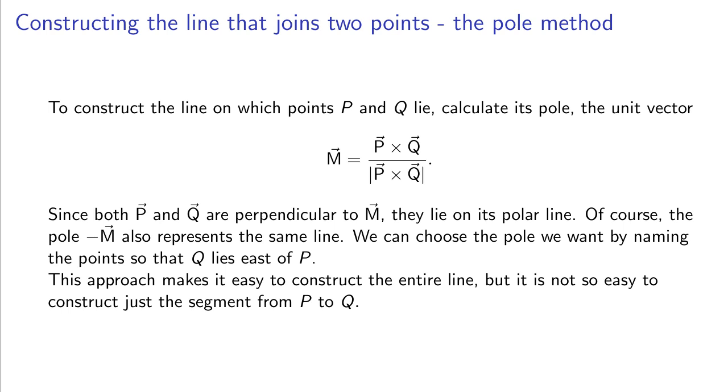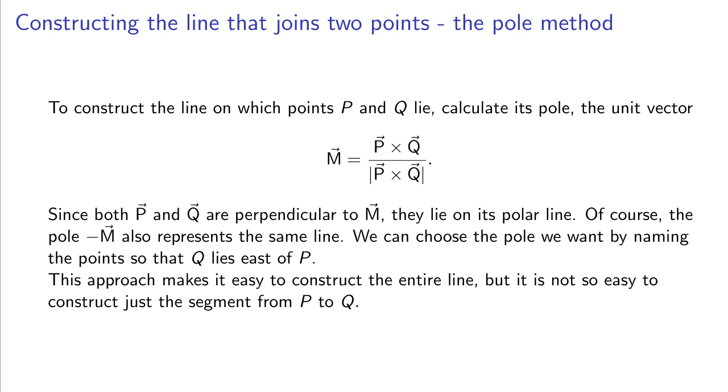What about constructing the line that joins two points? Well, there are two ways of doing this. If you've ever studied physics, you probably learned about the cross product of two vectors. If you have two points P and Q with spherical geometry, their cross product points perpendicular to both of them, and since these points lie on a certain line, their cross product is perpendicular to that.